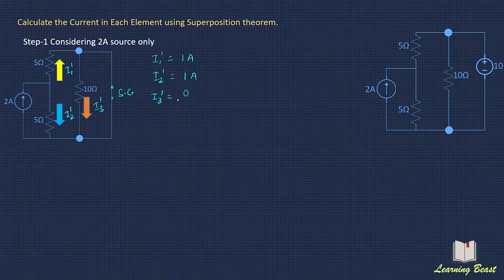Now we will consider this 10-volt voltage source and we will leave open this current source. Now this will be the circuit and the direction of the current is marked by the arrow.